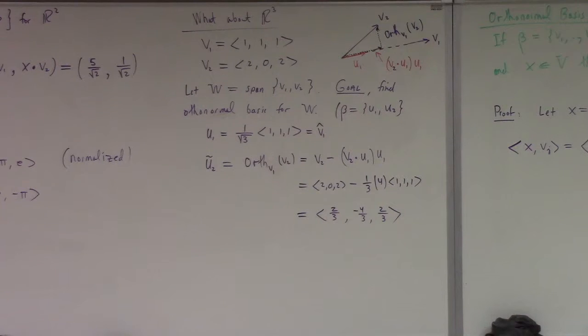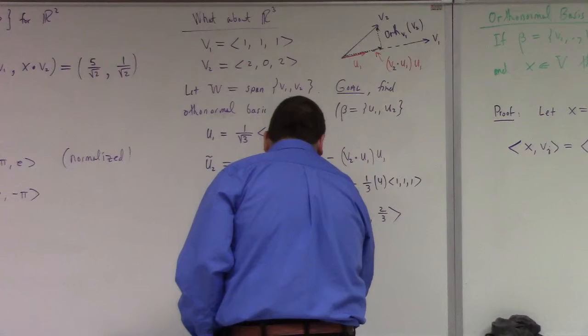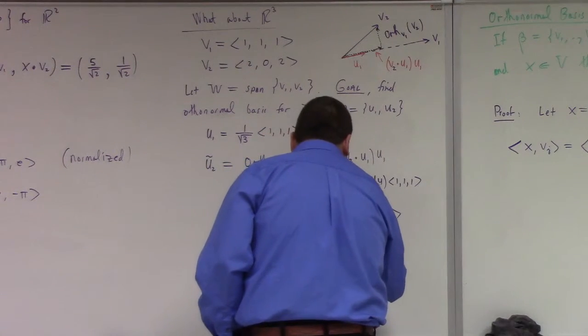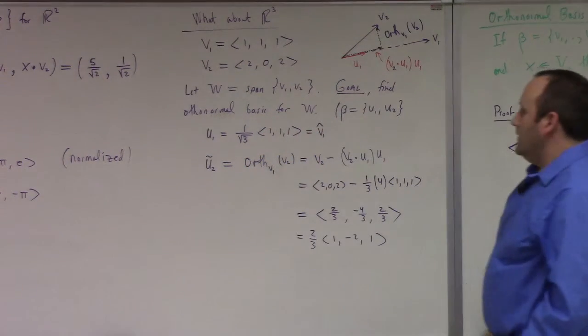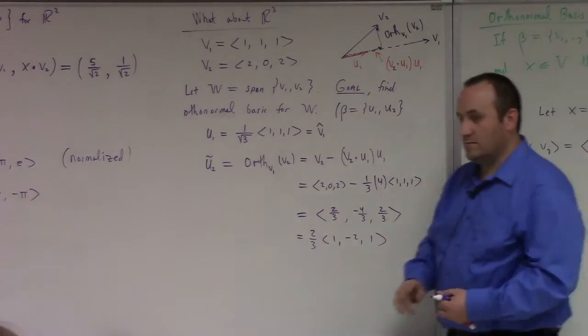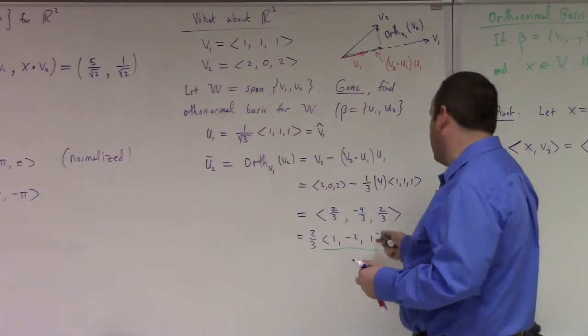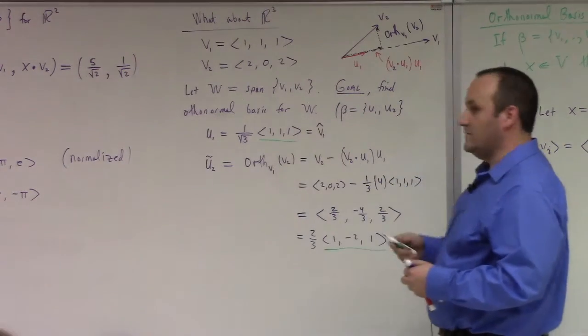When normalizing a vector, you pull fractions out, just to make your life easier. So this is nothing more than 2/3 times (1, -2, 1). By the way, at this point it becomes obvious that this vector is in fact perpendicular to that one.